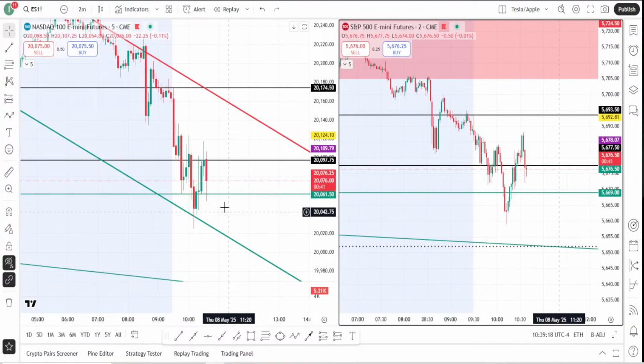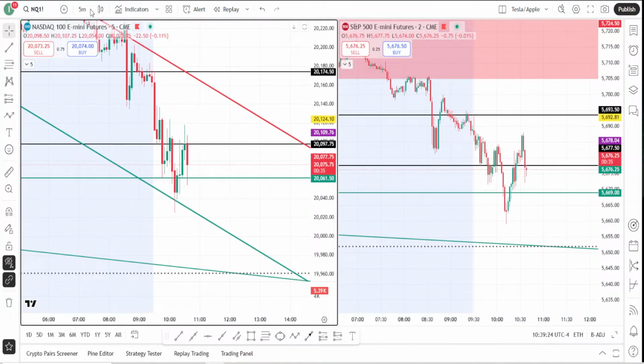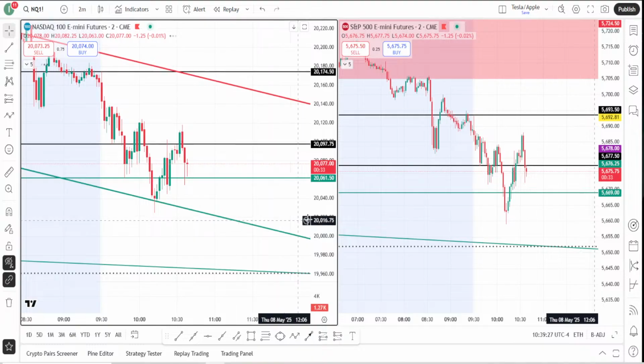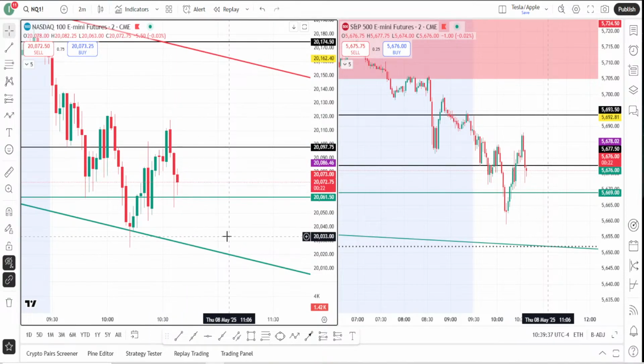I would like for, let's see here. This looks different on here. Let's go to the 2-minute. I would like for this current candle to inverse, to go from a red candle to a green candle. I'll jump back in.